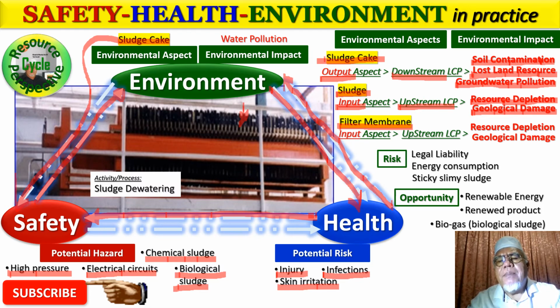How does it happen? Look, they are input aspects into this equation, and to determine their environmental impact, we've got to look at their life cycle. Where? Upstream, because they are inputs. So upstream of the filter membrane, they are made from petrochemical fibers.